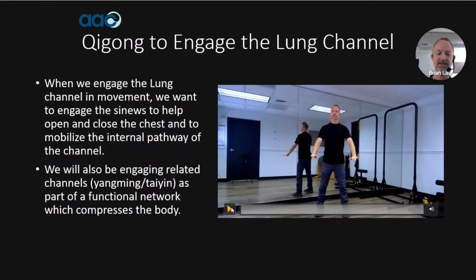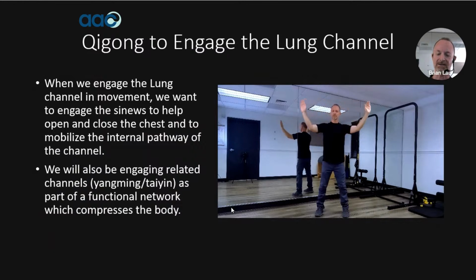So this is going to be the exercise. It's a very simple exercise. Anytime we engage this lung channel, we want to engage the sinews, of course, and engaging the sinews will open and close the chest, but we also want to mobilize that internal pathway of the channel. We'll look at that point by point. This is going to be engaging the lung channel, but really when you're engaging channels, you tend to do them in networks.